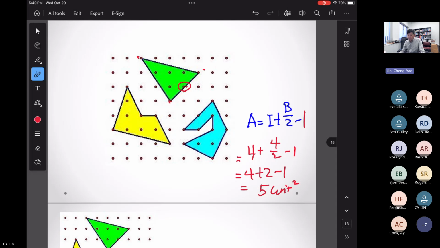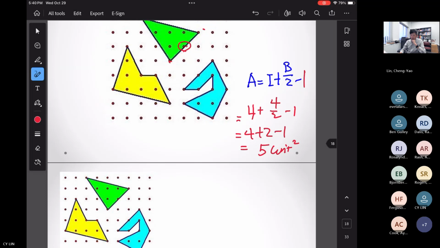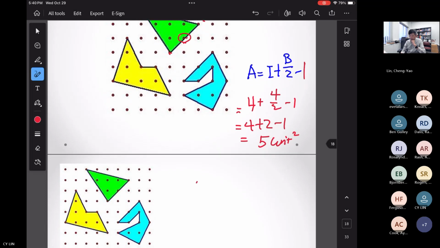Next, do the blue one. All right, what's the interior point you have? 2.